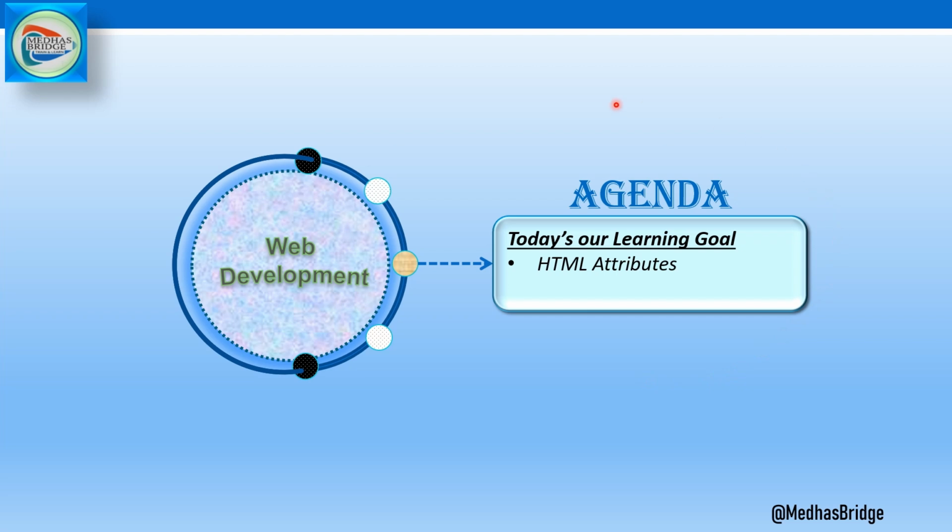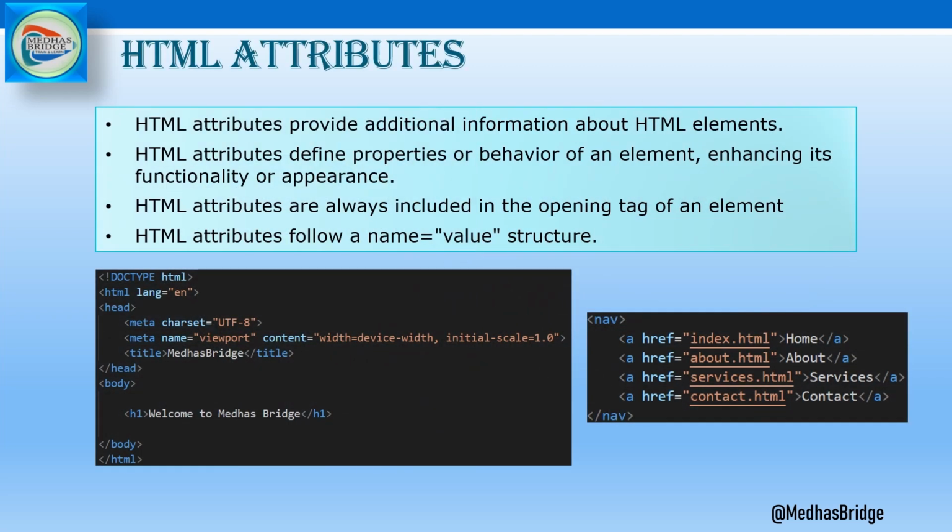Here is our today's learning agenda: HTML attributes. So far we have seen some of the HTML tags. Now we are talking about attributes, just to illustrate how a tag's behavior can be enhanced.